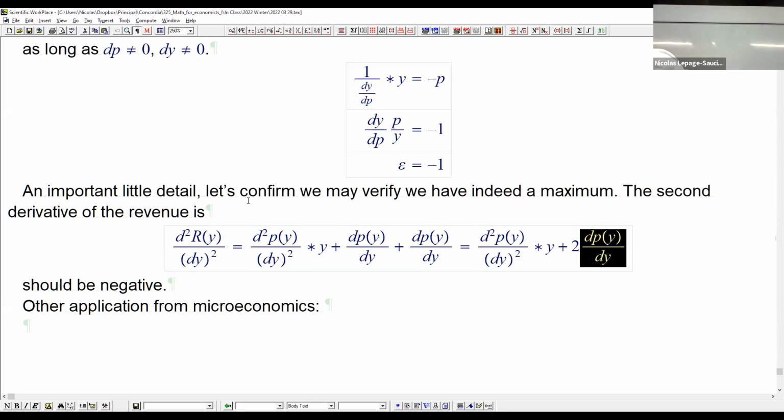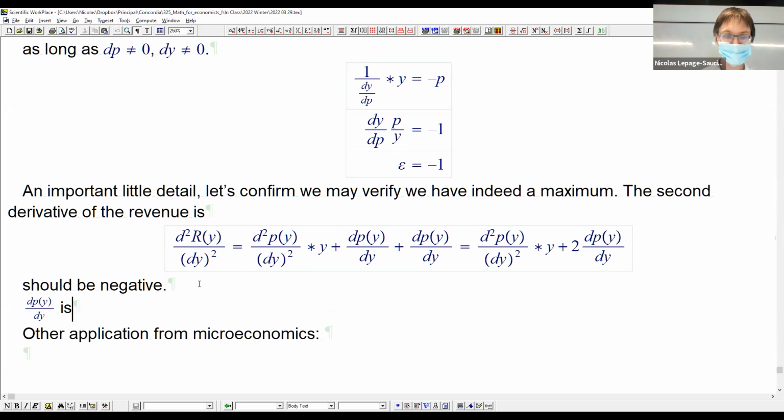Yes, decrease, exactly. So dp of y over dy is negative because the inverse demand p of y has a negative slope.